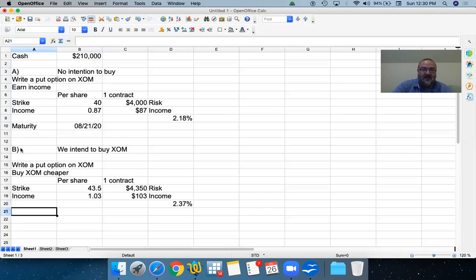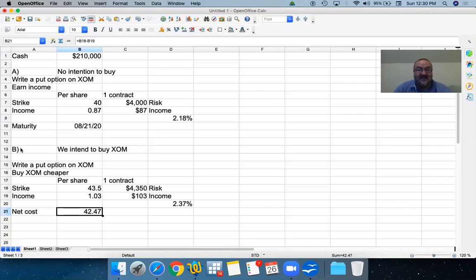Therefore, the net cost to us becomes $42.47. Meaning, on Friday's closing, if Exxon is $43.43 or $43.49, we end up buying it at $43.50.